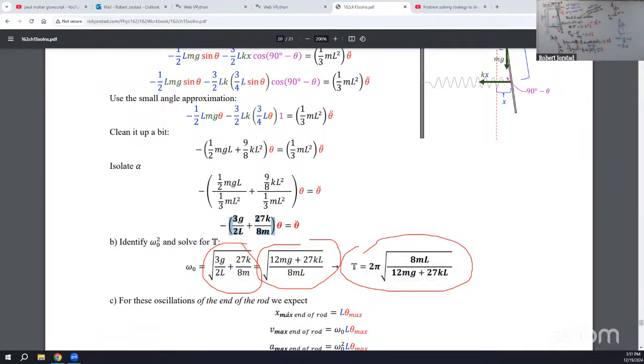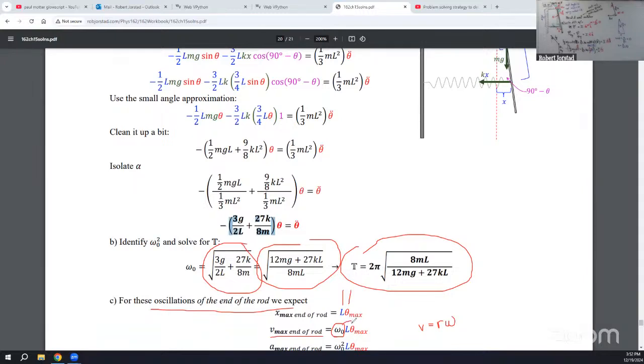Finally, if you care, if you look at the end of the rod, we could say the x maximum, right? The maximum distance the end of the rod moves will be given by these parameters. The velocity of the end of the rod would be given by, take a derivative and an omega naught pops out. You could kind of think of this as v equals r omega, right?